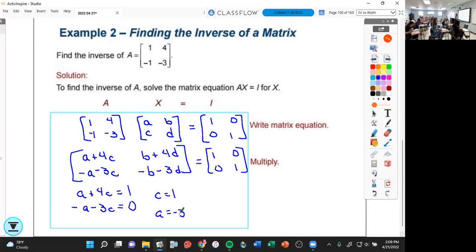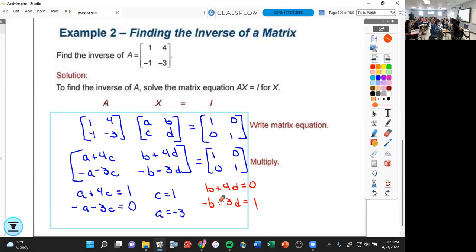Let's do the other system. I have, change colors real quick. B plus 4D equals 0. Negative B minus 3D equals 1. It's clearly a minus. Can you not read what it says?